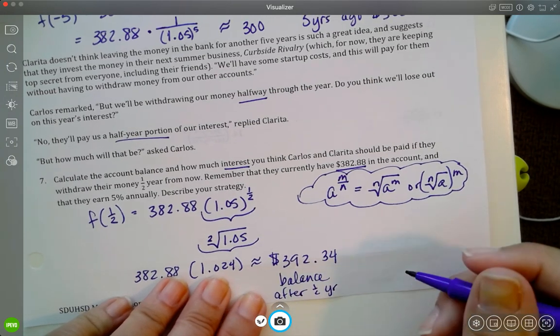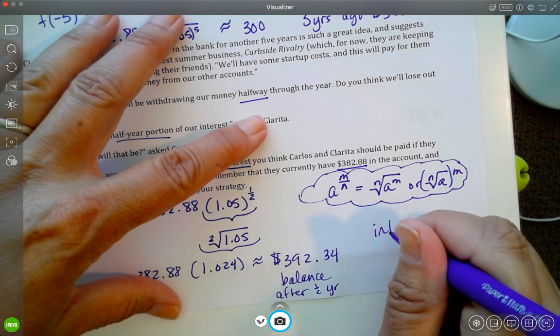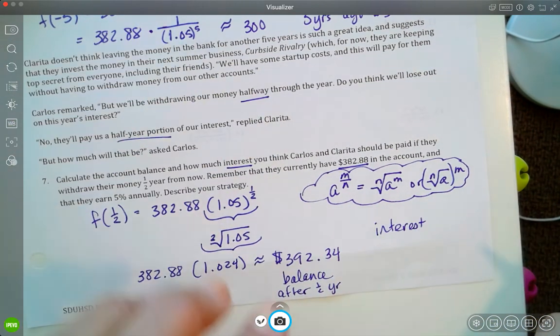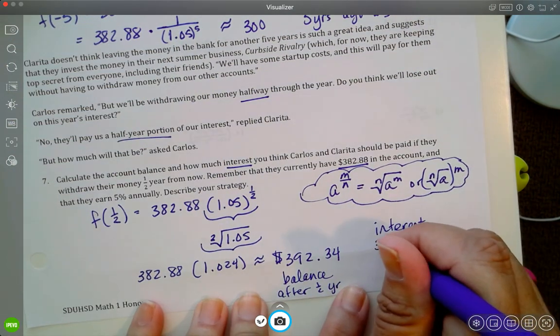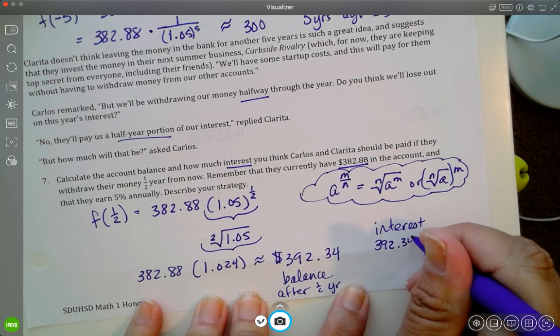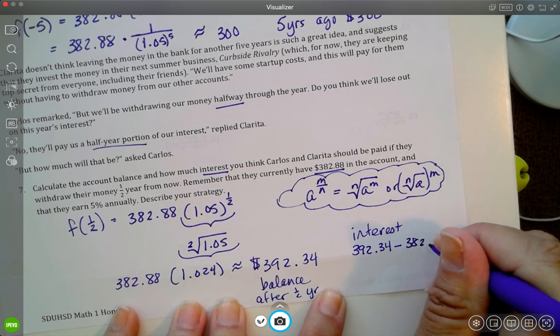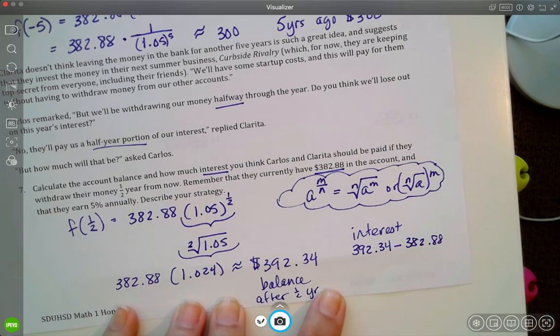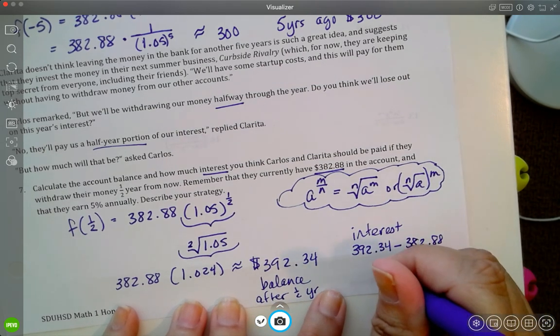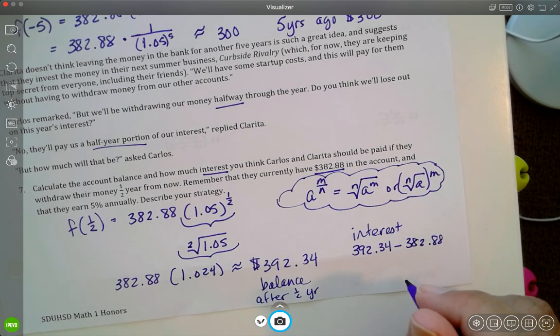But their interest is this total, 392.34, minus the balance that they had, 382.88. And so their interest is about, I think it's like $9 or something.